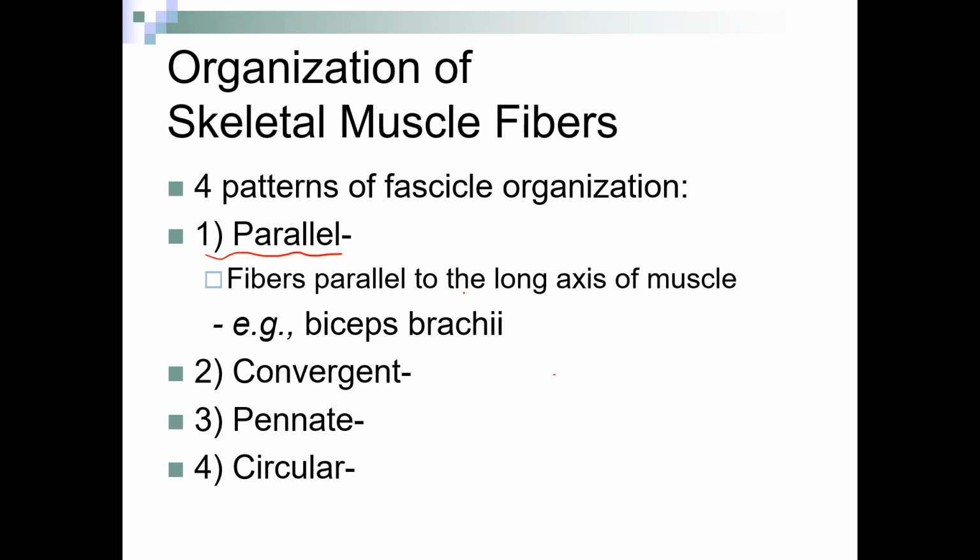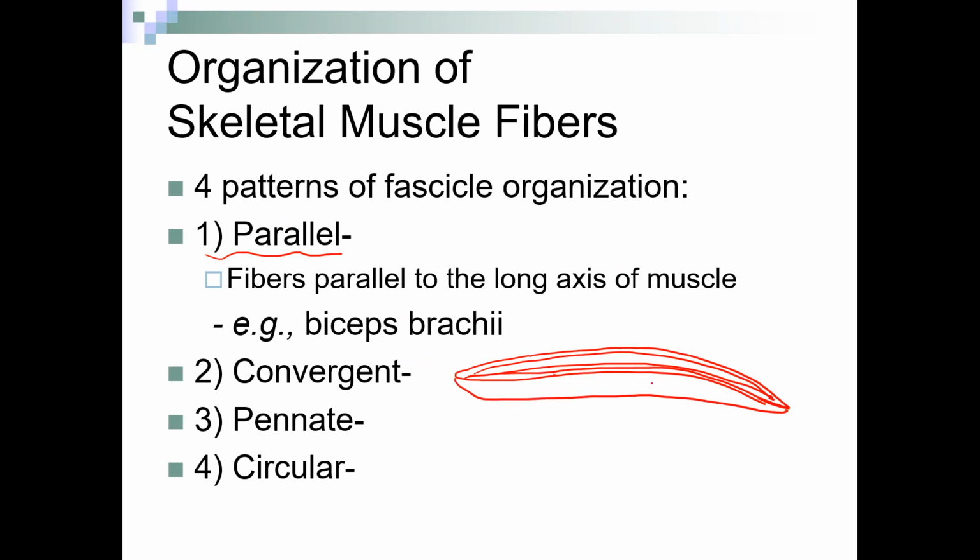So it's parallel if all the fascicles, let's say that's one fascicle here. Remember the fascicle has muscle fibers in it. So those lines represent the muscle cells. So if all the muscle fibers are essentially running in the same direction, okay?